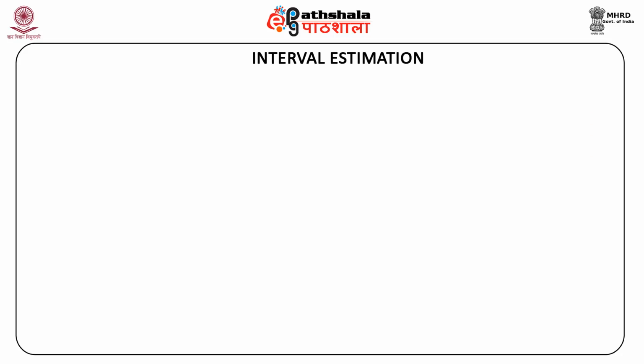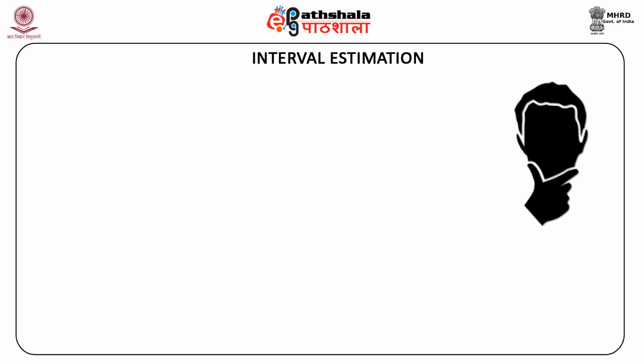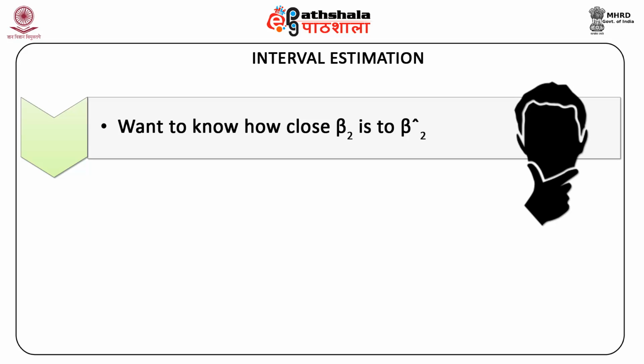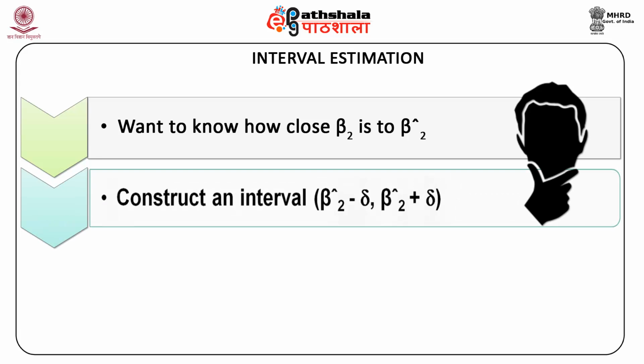Before coming to constructing interval estimates of beta 1 and beta 2, let us have some idea of the basic terms. Suppose we want to know how close beta hat 2 is to beta 2. We construct an interval beta hat 2 minus delta, beta hat 2 plus delta, such that it contains the true beta 2 with probability 1 minus alpha.